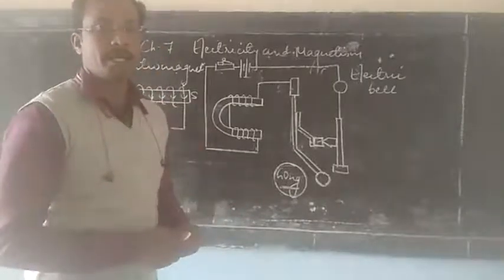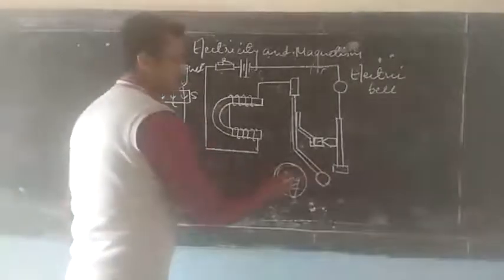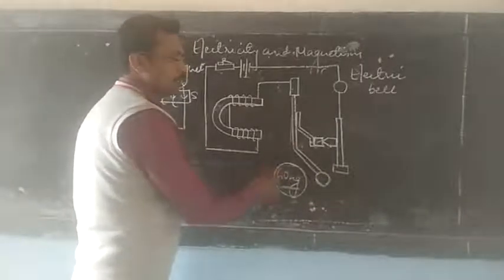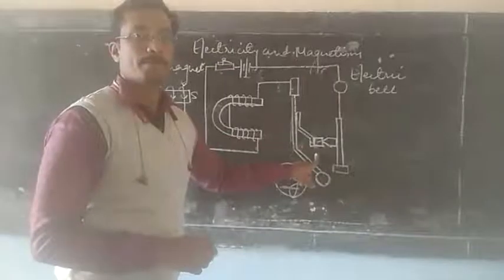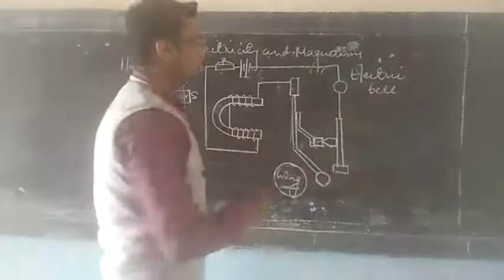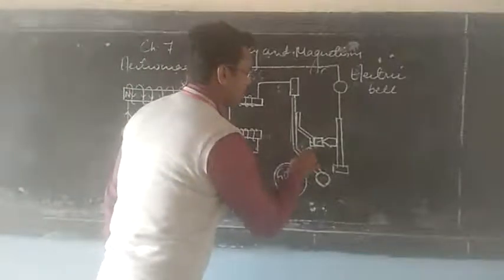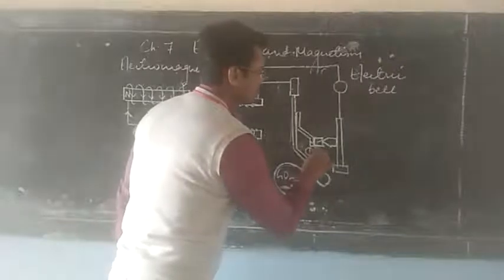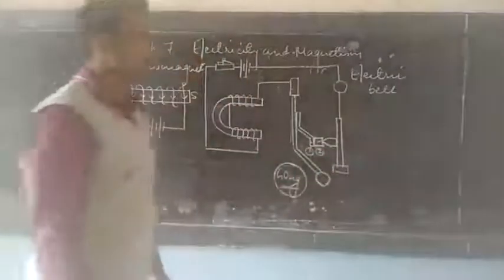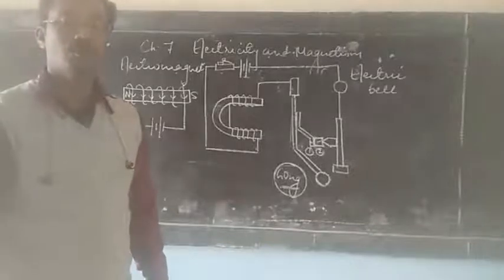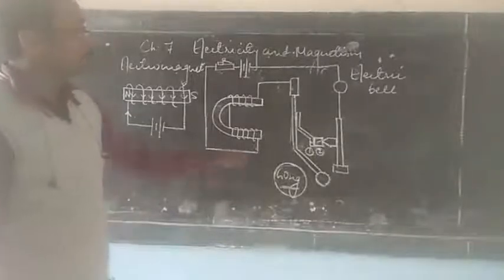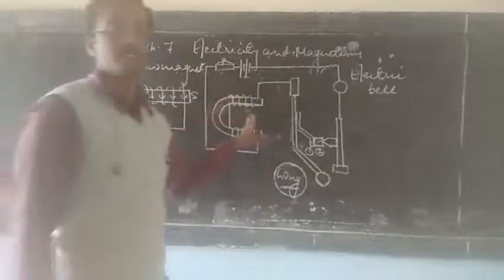But at the same time, when the hammer comes to the gong side to hit it, the connection is broken. Let me name 1 and 2. The connection is broken between 1 and 2, and as a result, there is no more current flowing through this.